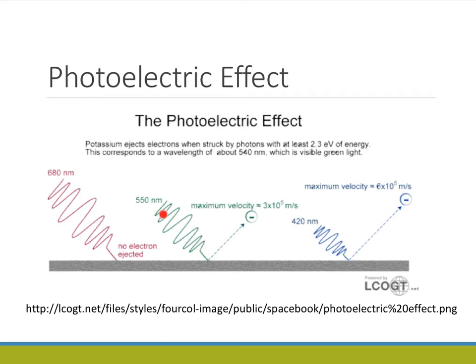At 540 nanometers, the electron is ejected. Now, this says 550 nanometers, but 550 nanometers wouldn't have enough energy to eject, so I think this is a typo on the picture.